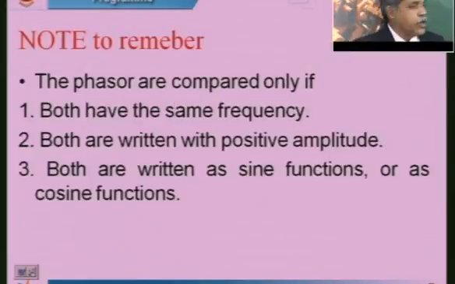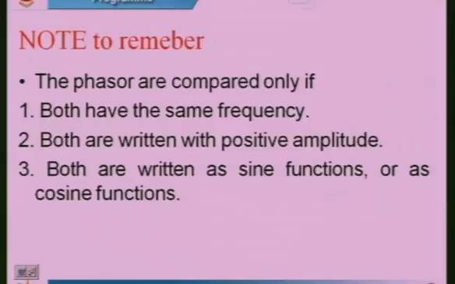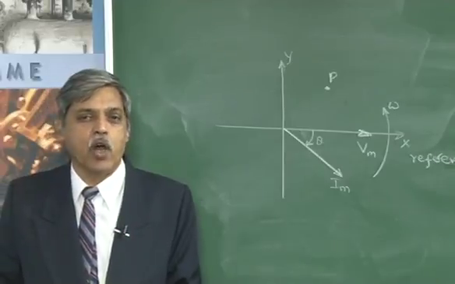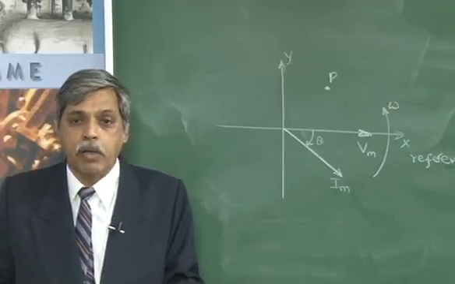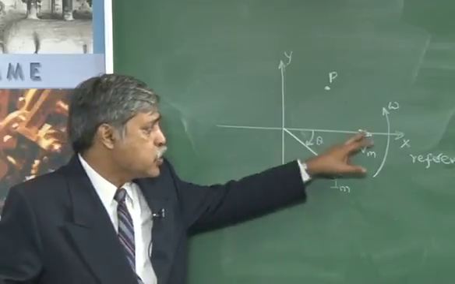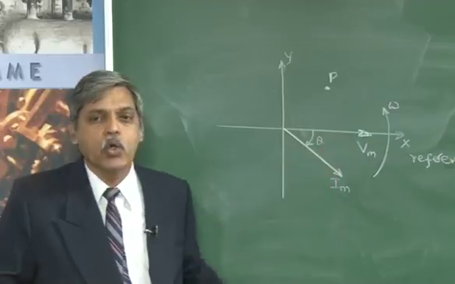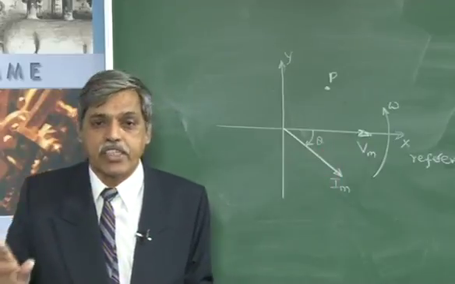See here, when you draw the phasor diagram, or when you want to compare the phasors, both should have the same frequency. That means one phasor has an angular velocity of omega 1, the other one has an angular velocity of omega 2, it is not possible, because if these two are rotated by a different angle, the phase angle difference between the two vectors will never remain constant.